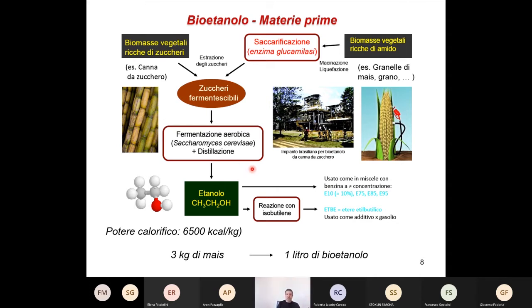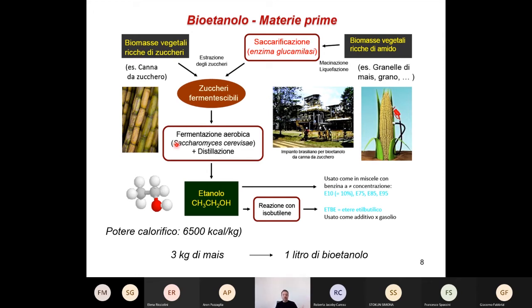You use this yeast to prepare pizza or bread or for wine production, beer and so on. So it's a very large family, and there is a particular yeast from this family useful for ethanol production.